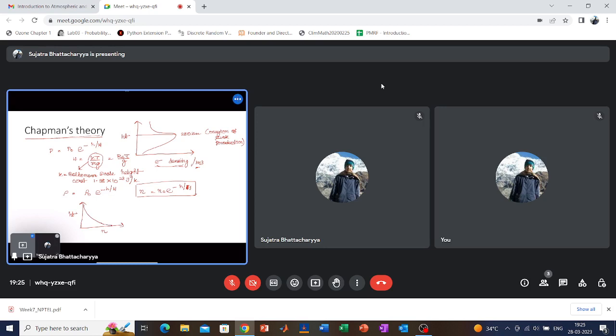Why does it come out like that? Another thing we have to consider is the intensity of the photons, because that also results in ion creation. The intensity of solar radiation is highest at the top and then slowly decreases.